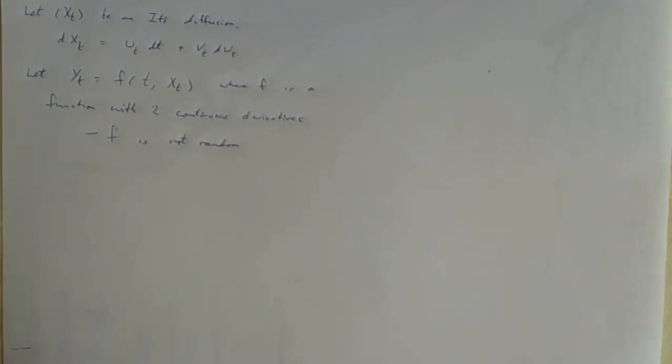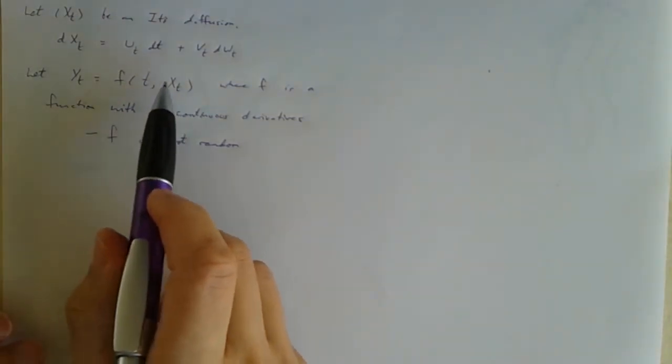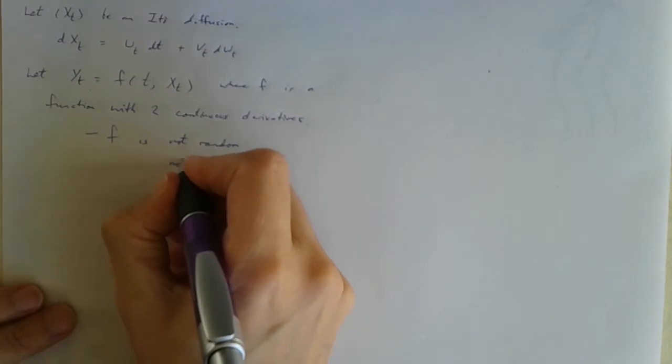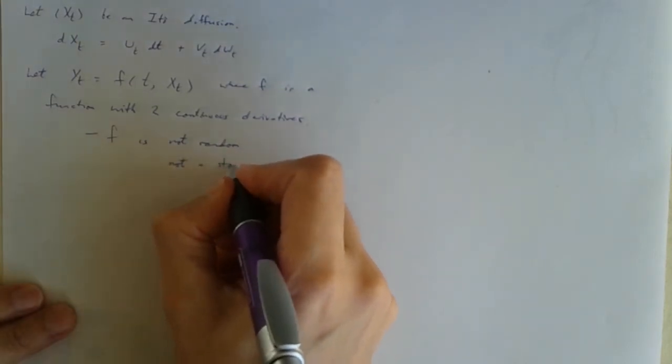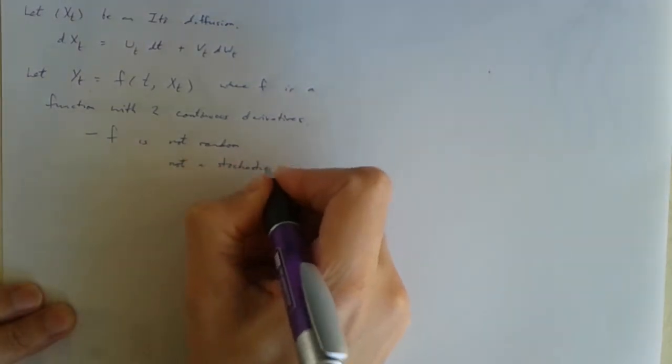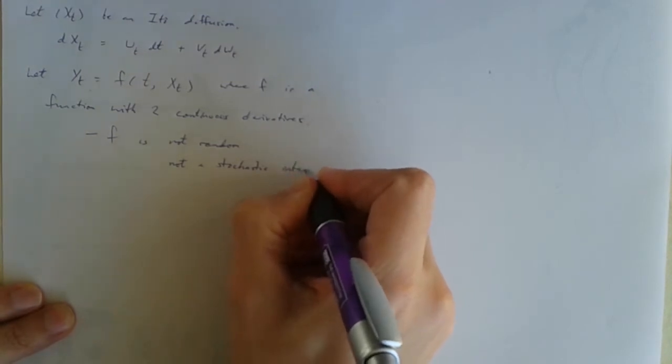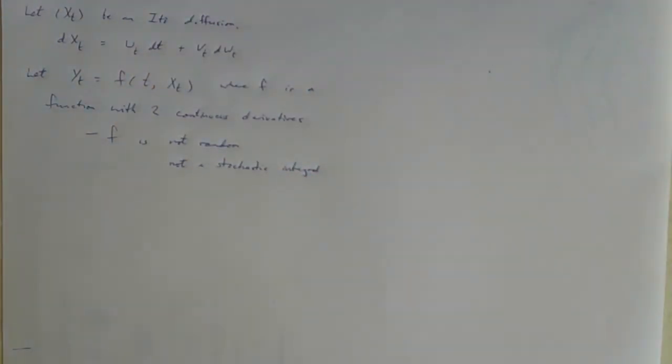If there's anything random going on, it will have to be part of the x_t, because that's the only thing here that's allowed to be random. f cannot be a stochastic integral or anything like that. It can't even be an ordinary integral. Even an ordinary non-random one it can't be, because it's got to be just a function of these two things.